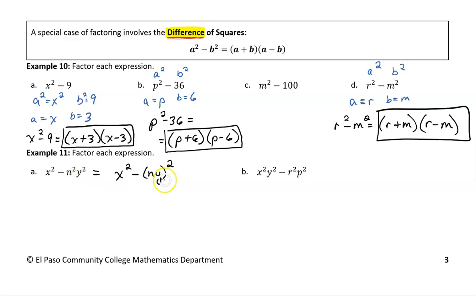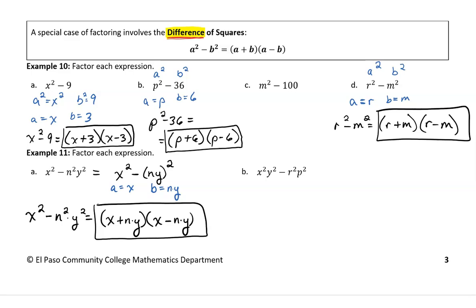So those squares, I can combine them into one term, and my a will just be the x, and my b here will be the n times the y, the inside part of it. So from my factorization then, we'll set up parentheses. I'll have x plus n times y, add them, and then we'll subtract them. x minus n times y. And we get our factorization.